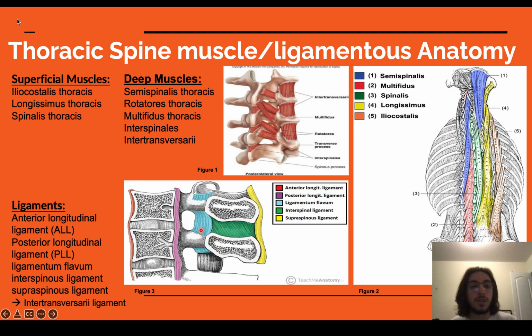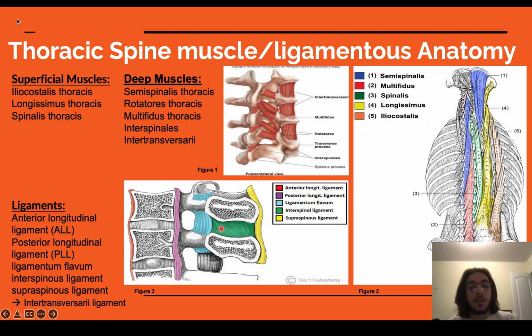So the blue ligamentum flavum over here runs from the lamina of C1 and 2 down to L4 and 5. This ligament is actually more yellowish compared to other ligaments due to the amount of elastin in it, and it mainly acts to limit flexion, especially in the lumbar region.